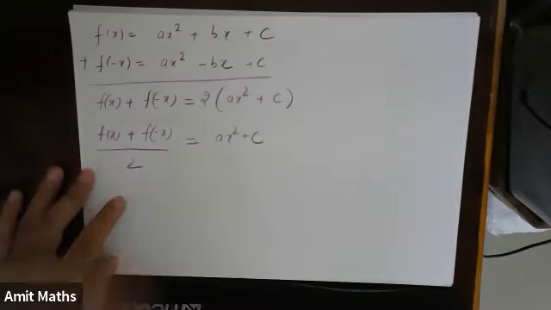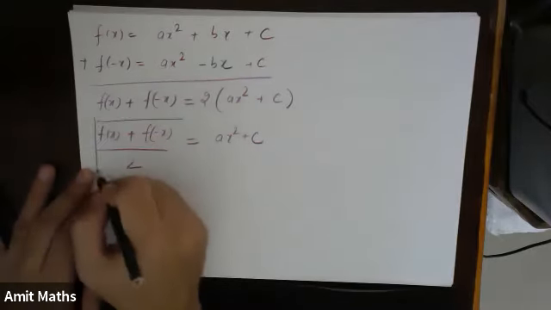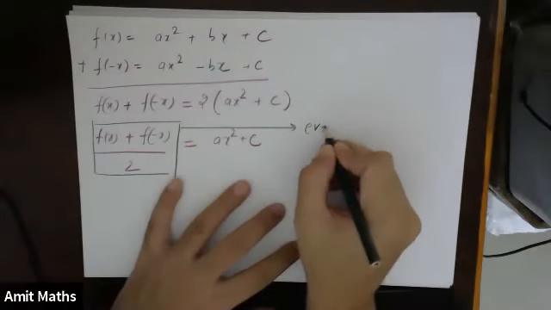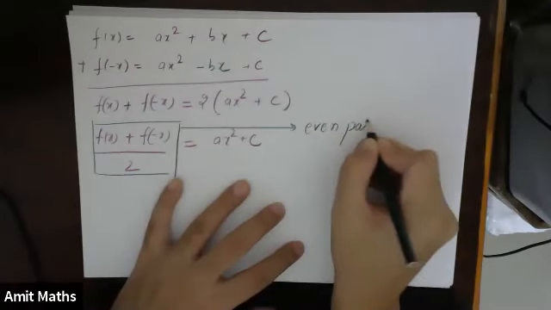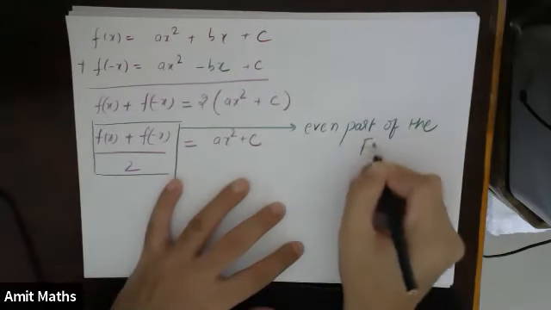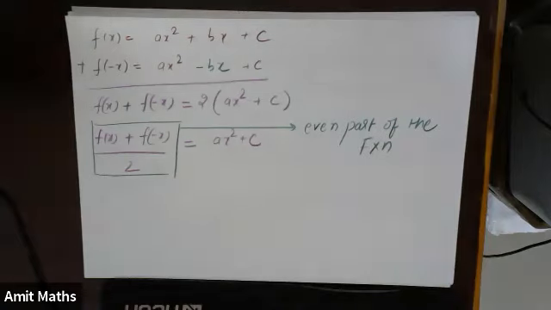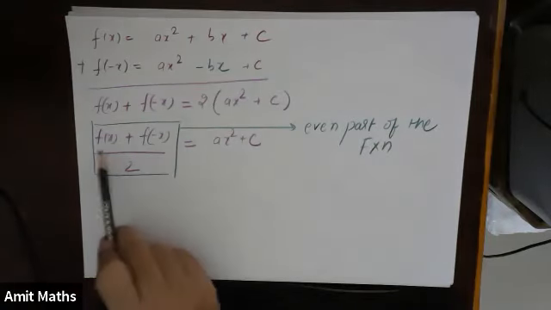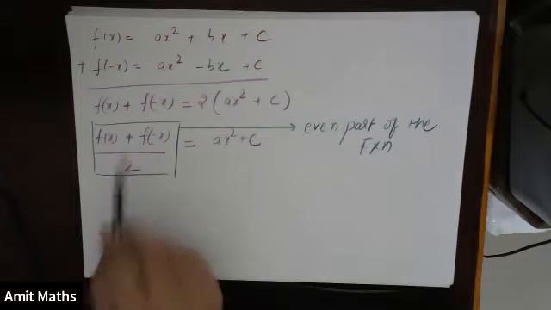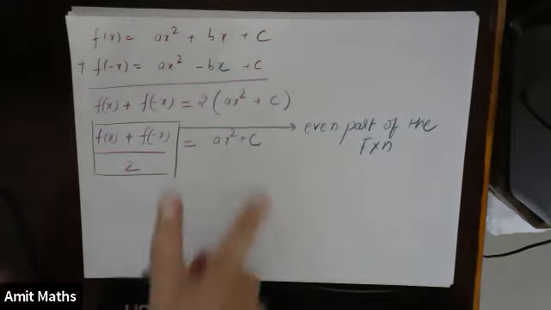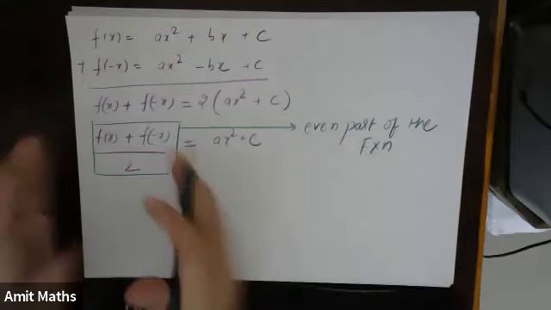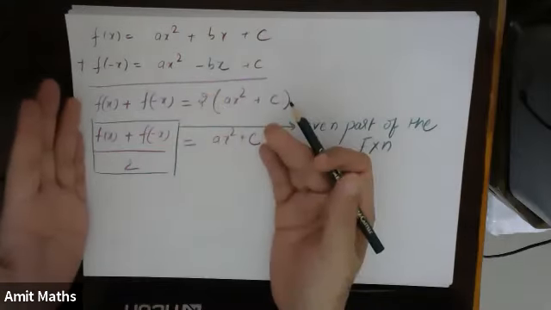Okay, so what is this? This gives me the even part of the function. I hope this is okay for everyone. Because the even part gets added 2 times, we divide by 2. So this will give me the even part of the function.